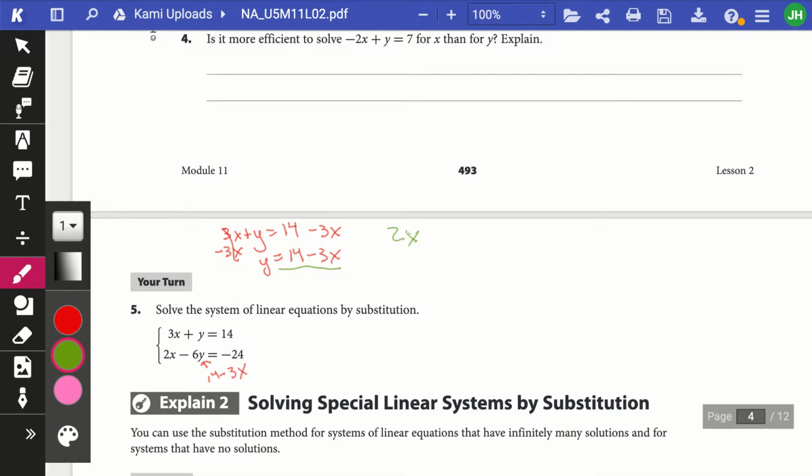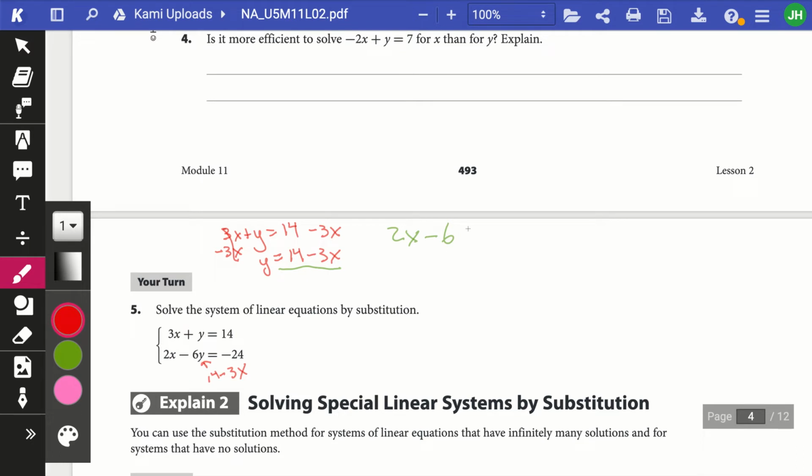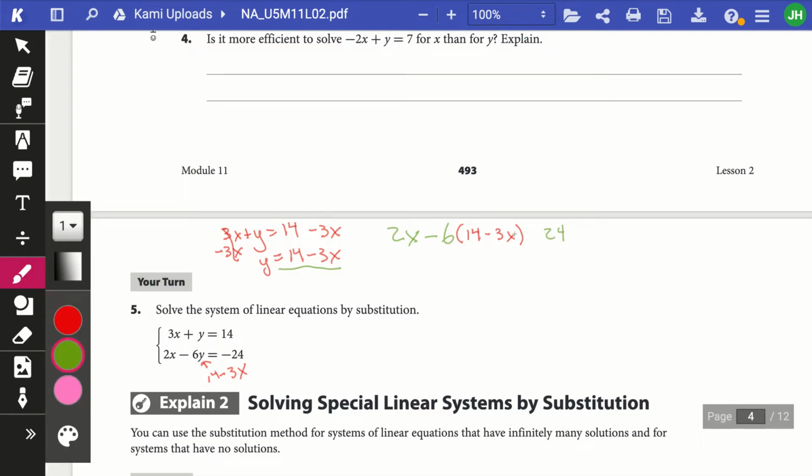So 2x minus 6 times y, but y is 14 minus 3x, minus 20, or equals, let's fix that, equals negative 24.